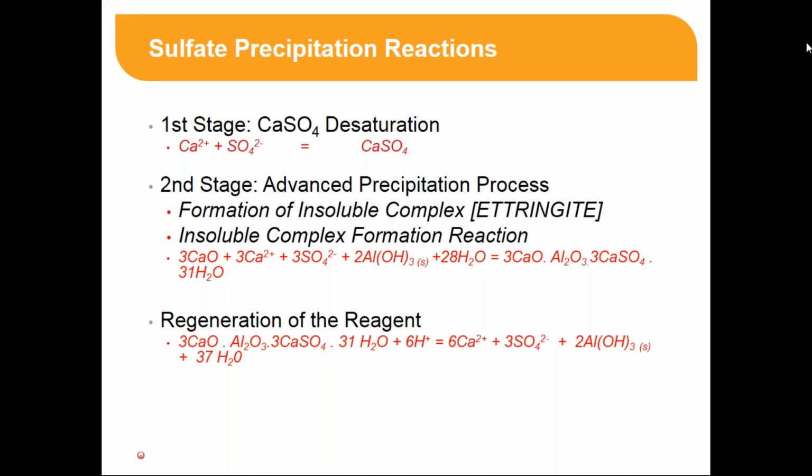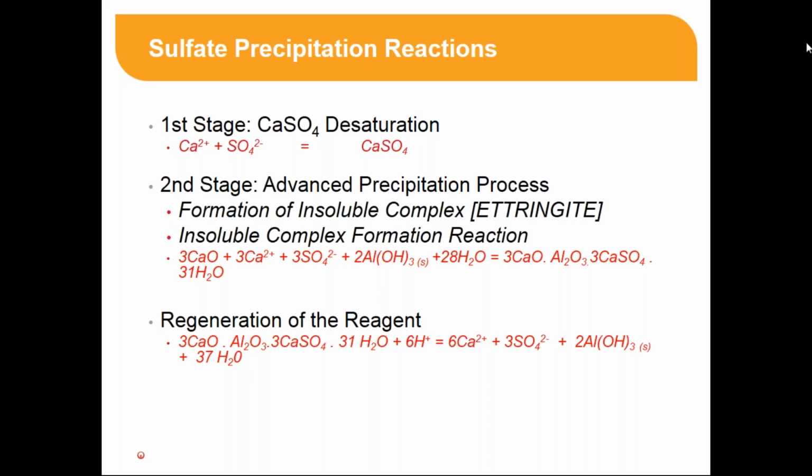To this calcium sulfoaluminate, or ettringite, we add an acid to break down this molecule and regenerate the aluminum. Why do we do that? Because we reproduce the aluminum source, or aluminum hydroxide, and reuse it in the ettringite precipitation process.